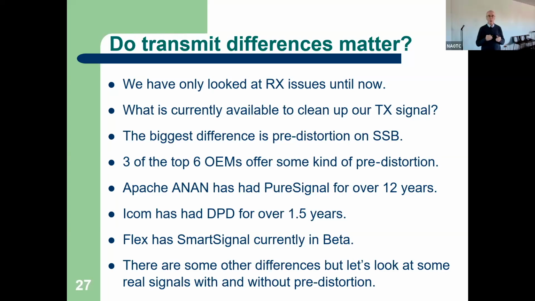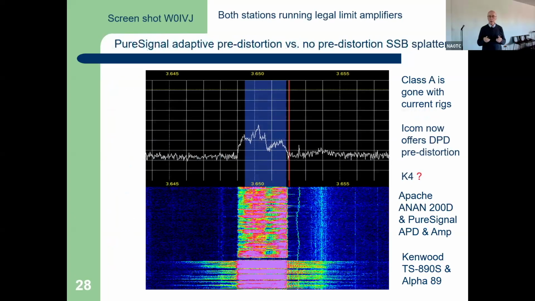Now, the Flex software is still in beta. The ICOM DPD has been out now since Thanksgiving 2 years ago. So I've enjoyed getting to use that just for the firmware update. And Apache's had it for 9 or 10 years. Here was a screenshot taken by W0IVJ in Boulder. I was on the air on 75 meters with some other, we'll call them local signals, NVIS, within a radius of 100 miles or so.